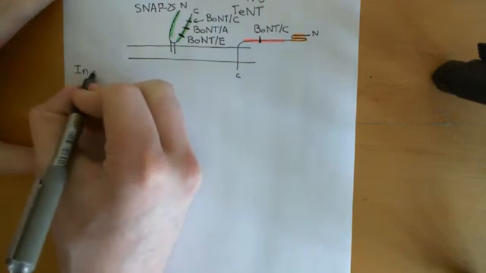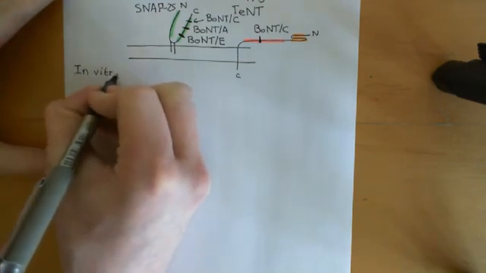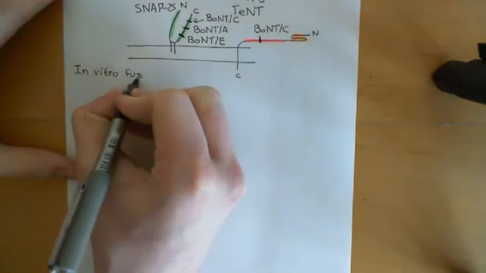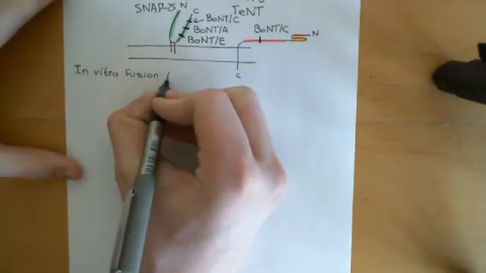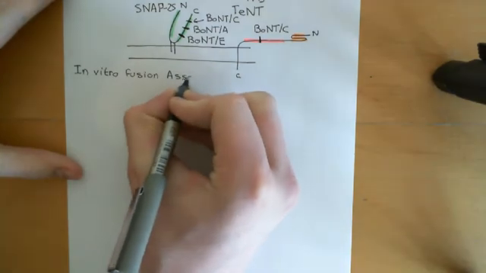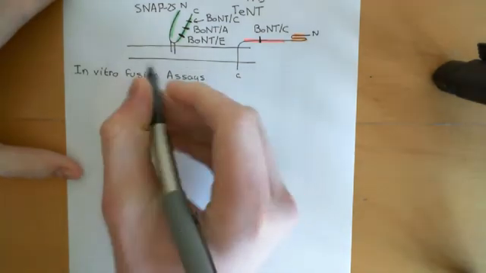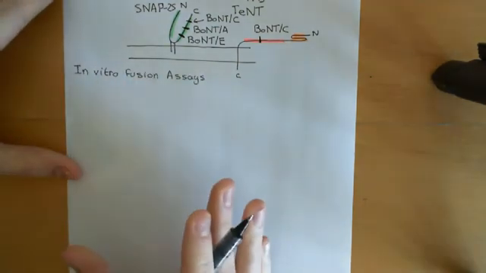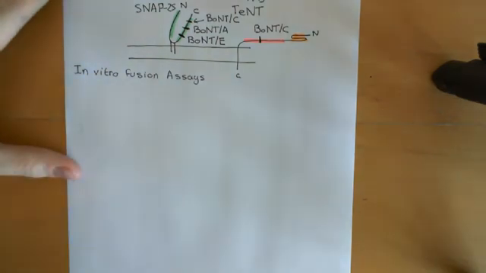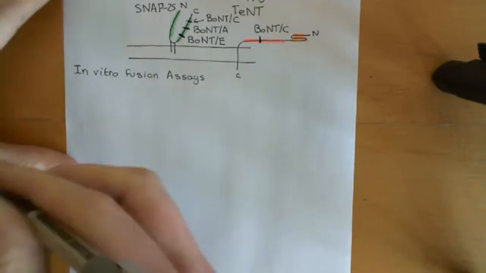Now, there are two of these, however the basic idea of them is exactly the same. So I'm going to tell you about what the two separate in vitro fusion assays are, and then I'm going to tell you about what the aim of the in vitro fusion assays is, and then I'm going to tell you about how the two different techniques achieve this aim in a different way.